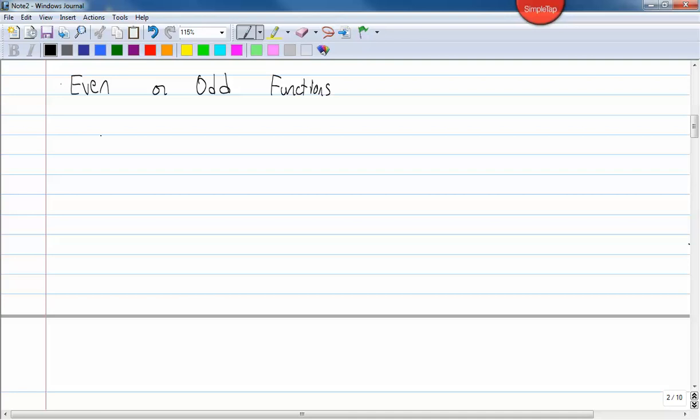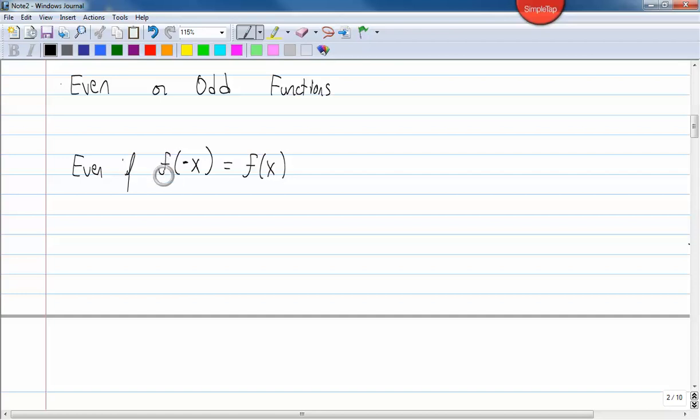Okay? A function is even if whenever you plug in negative x for every x and work it out, you get the same function that you started with.